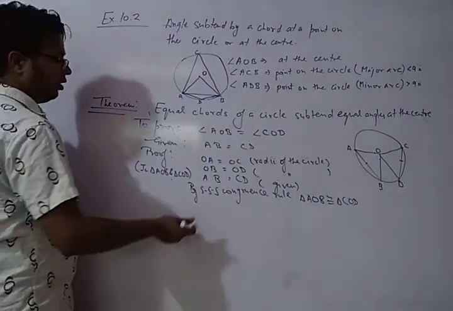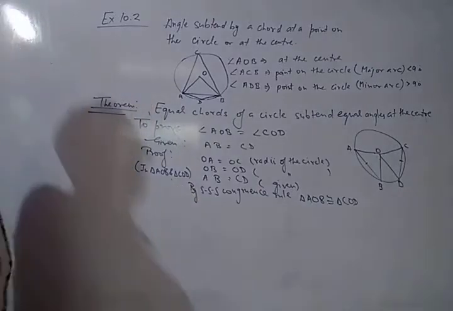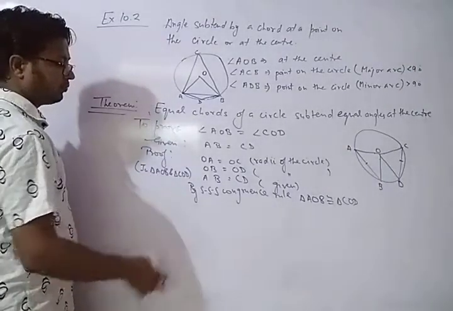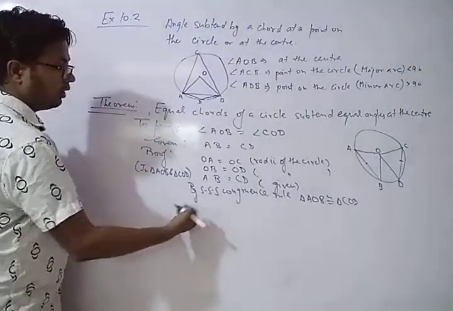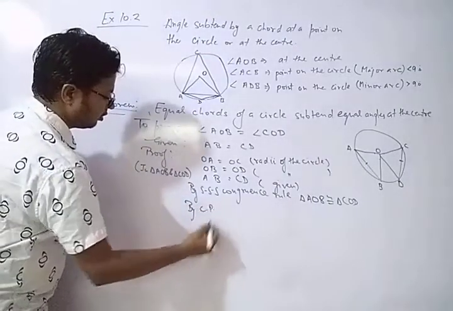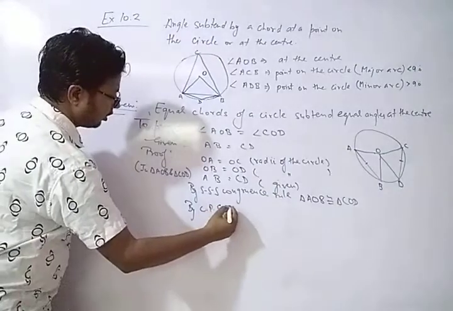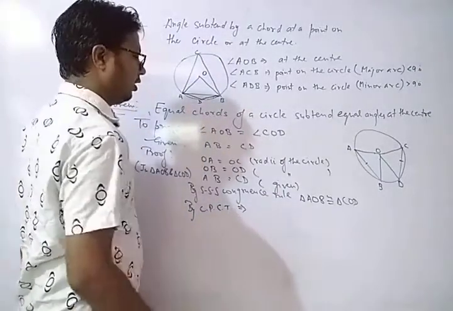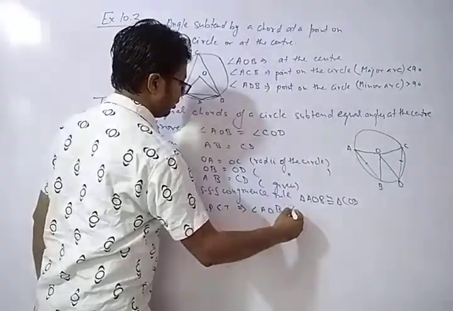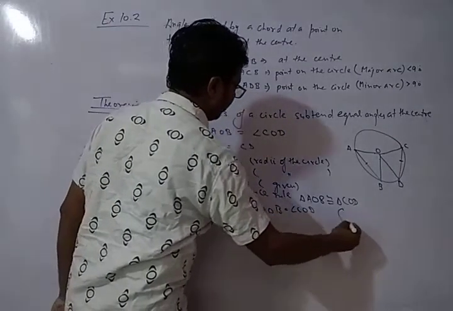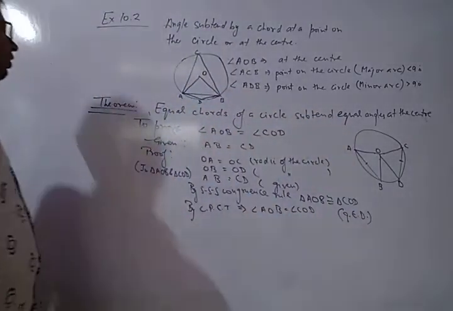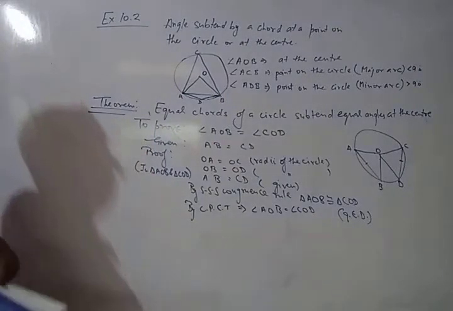And after proving that the two triangles are congruent, now what we can prove easily, after that, by CPCT, corresponding parts of congruent triangles, we can say that angle AOB is equal to angle COD. That only we have to prove. That is theorem first.